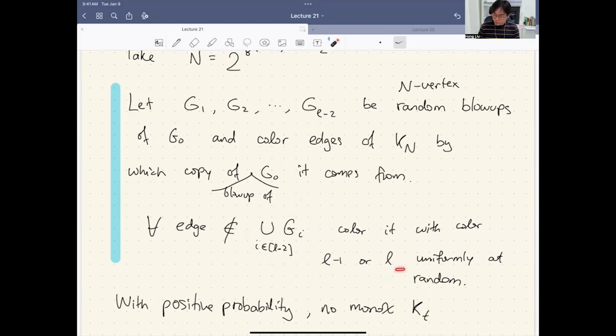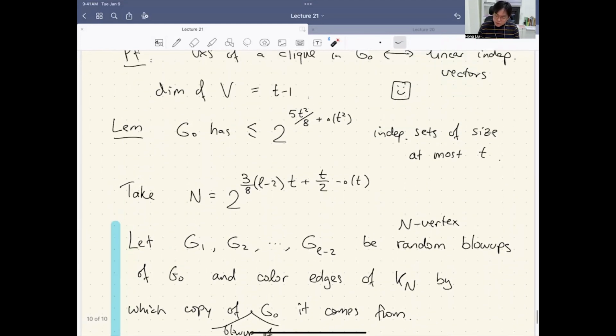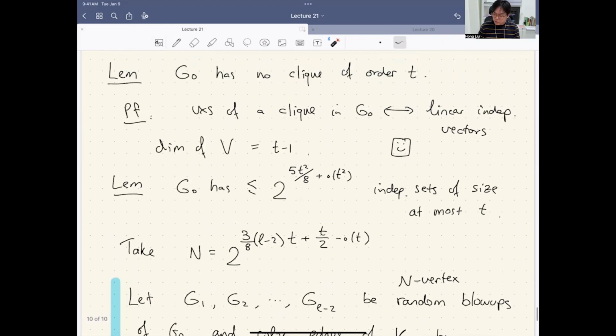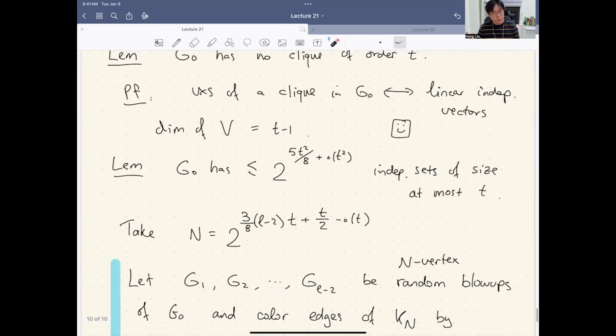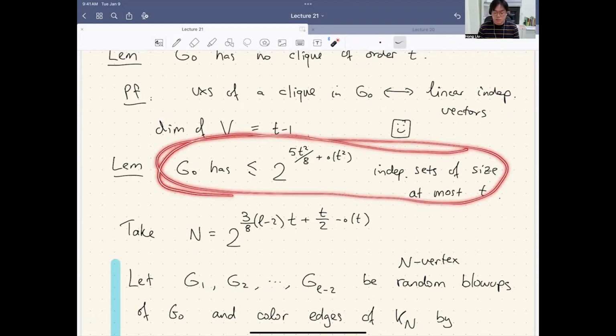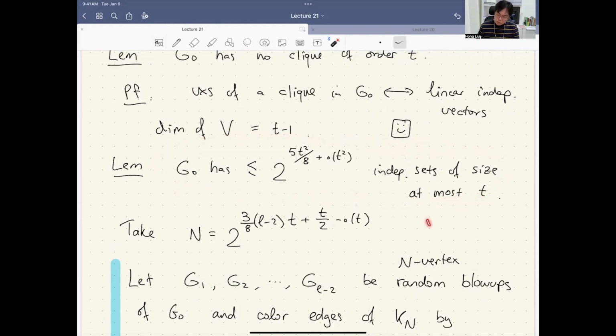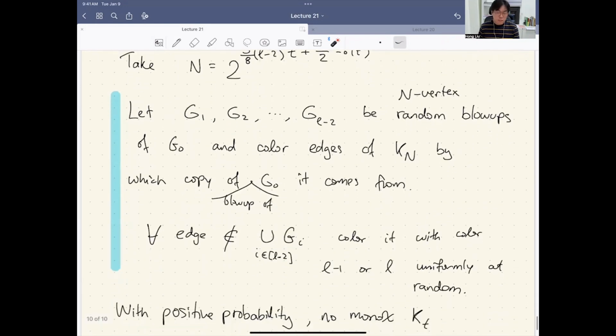For the complement of this union, it must be an independent set in all these colors to live in the complement. Since there are not so many independent sets of size T in each copy, not so many independent sets of size T survive in the complement in the first place.